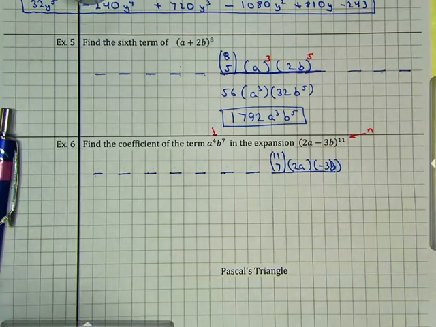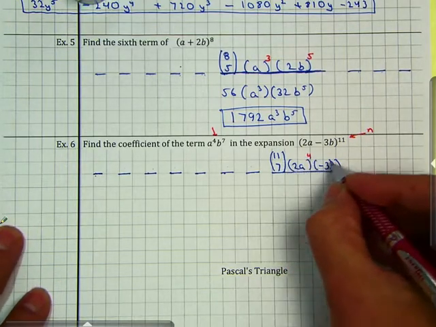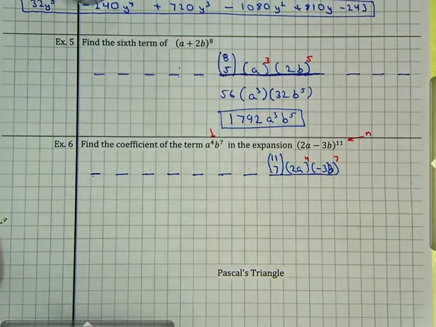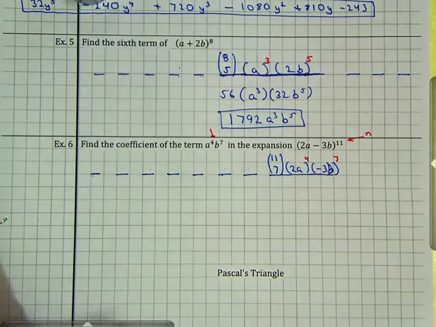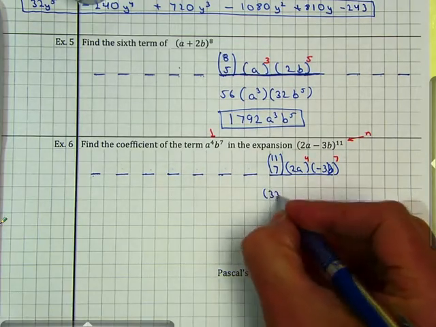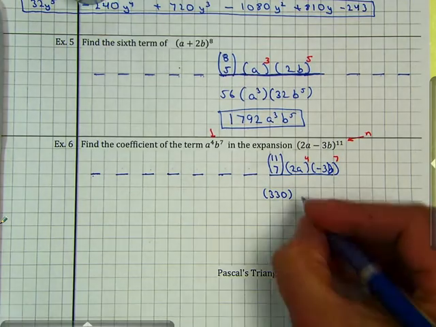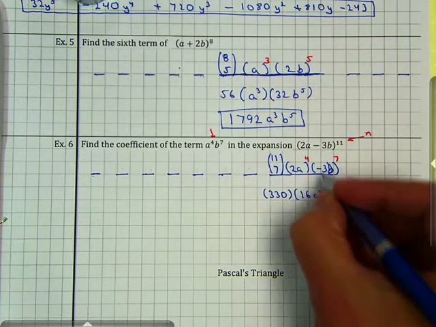My exponent, 11 minus 7, will be 4, and this will be a 7. And now I can just tap into the calculator. So 11 choose 7 will give me 330. 2 to the 4th will be 16, 8 to the 4th, and negative 3 to the 7th power.